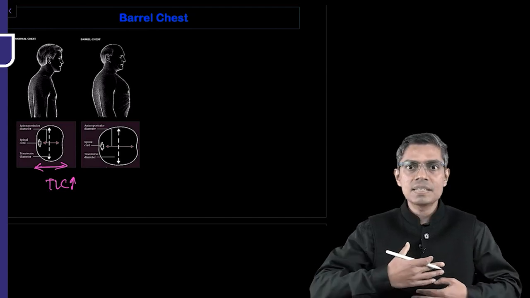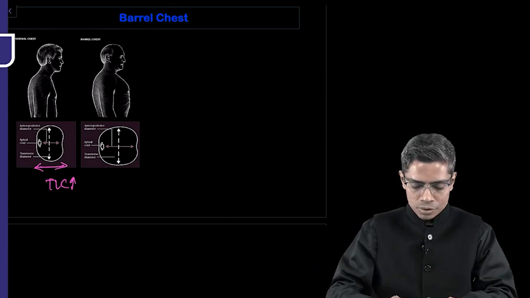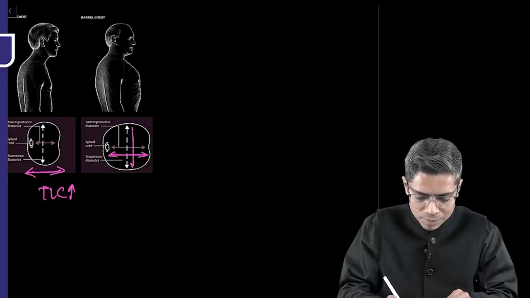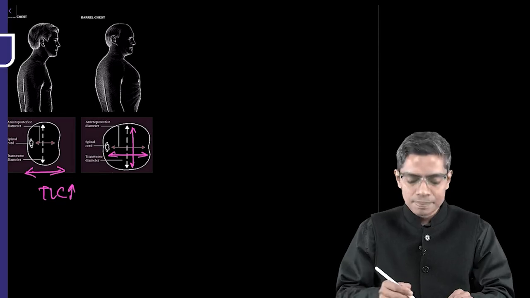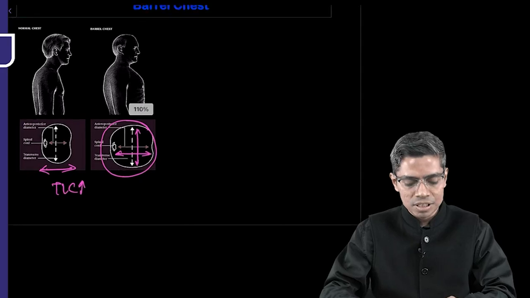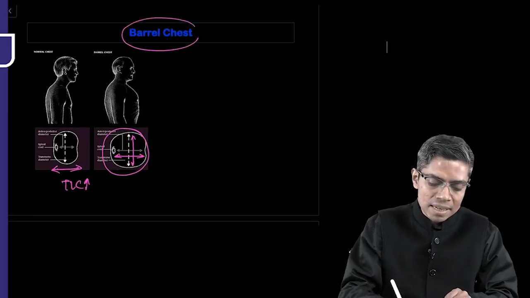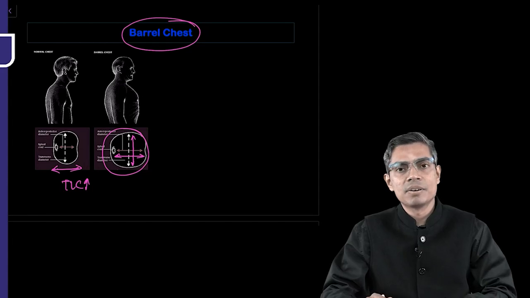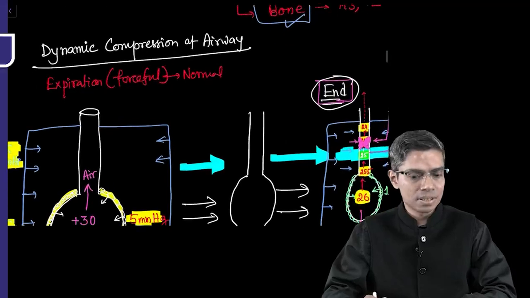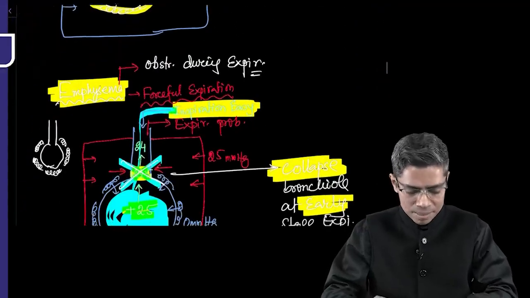There will be an increase in anteroposterior diameter. So in this condition, the anteroposterior diameter becomes almost the same as the lateral diameter, and in cross section you find a barrel shaped cross section. This is known as barrel shaped chest, typically developed in chronic emphysema patients, right? Okay, so this is barrel shaped chest.